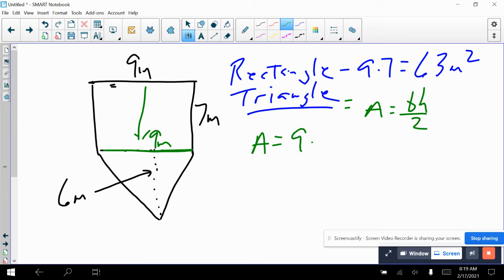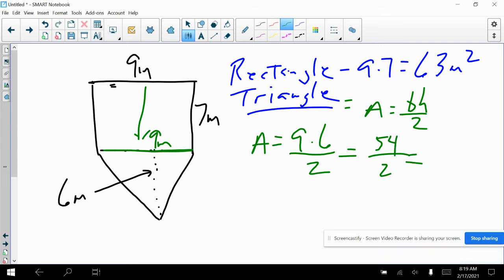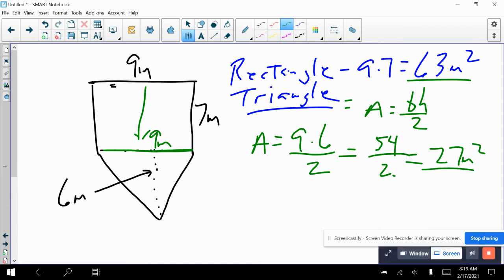So we have 9 times, what's the height? 6 divided by 2. 9 times 6. 54. 54 cut in half. 27 meters squared. Now we can add our 63 and 27, and this figure is 90 meters squared.